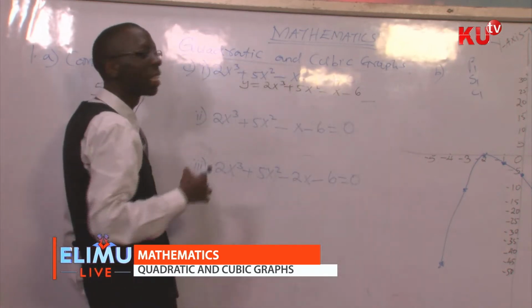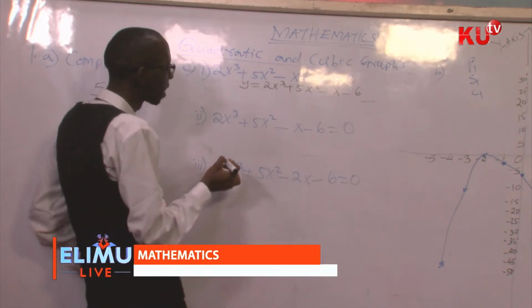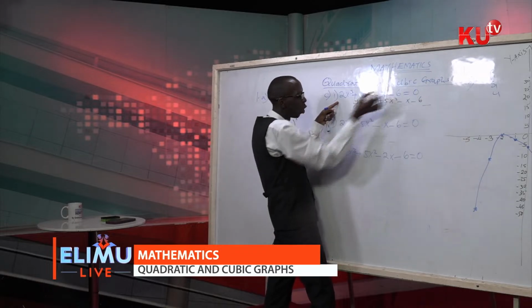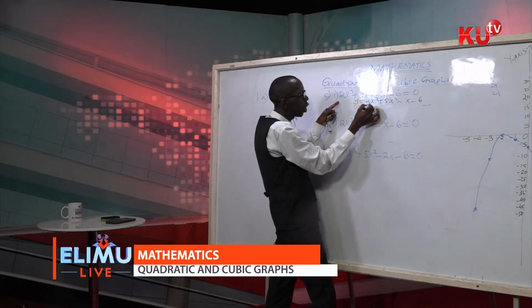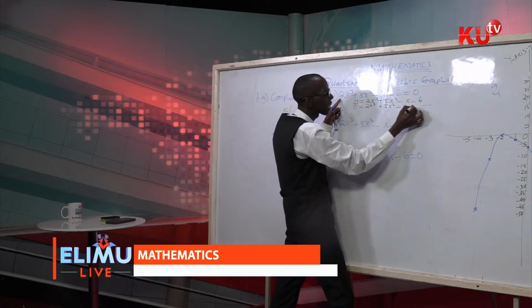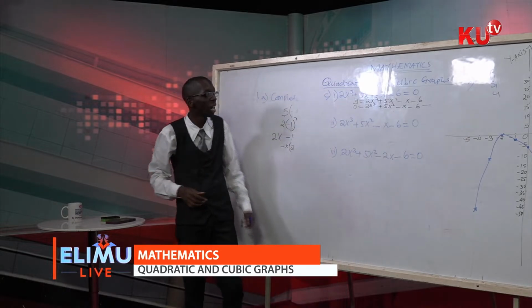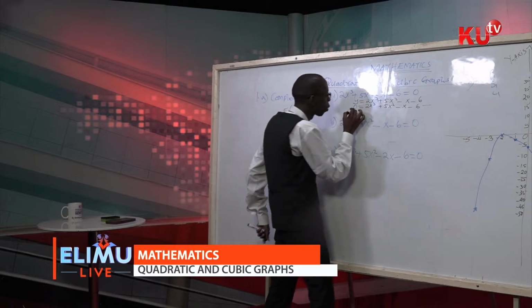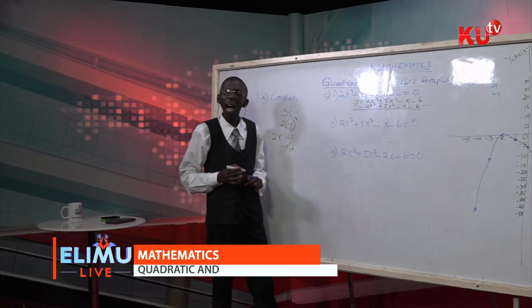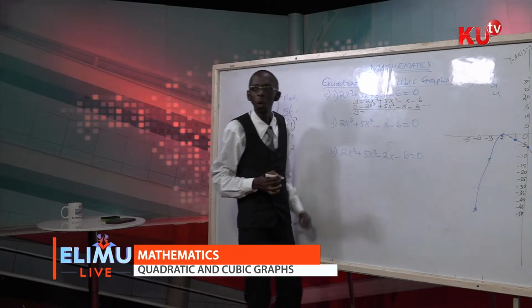Therefore, you will take the equation of the graph and subtract the equation that you are required to solve. The equation that you are required to solve is 0 equals 2x cubed plus 5x squared minus x minus 6. So you'll take the equation of the graph and subtract the equation that you are solving.